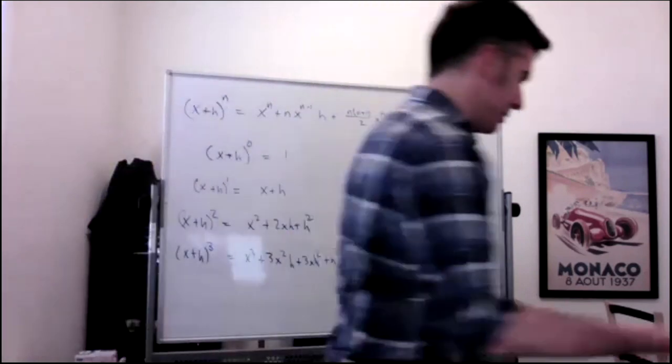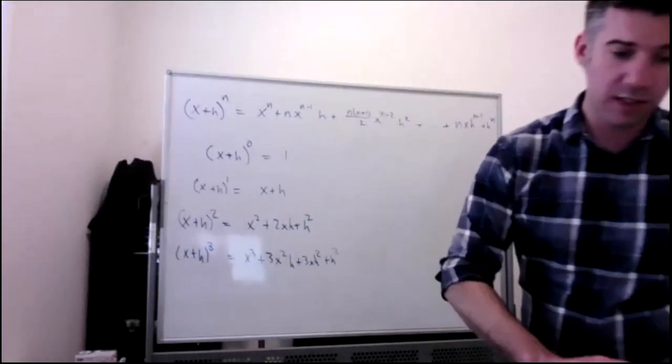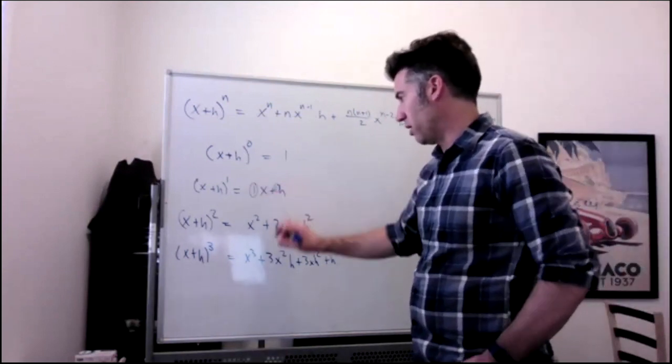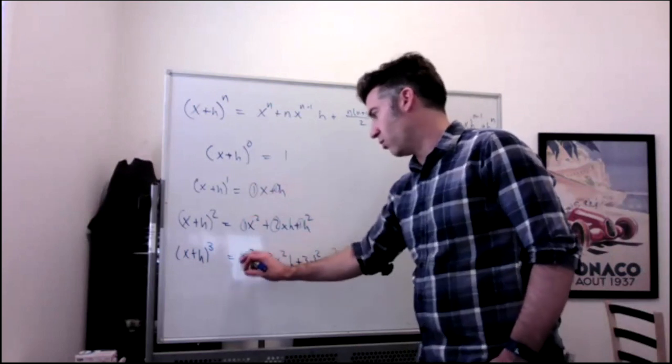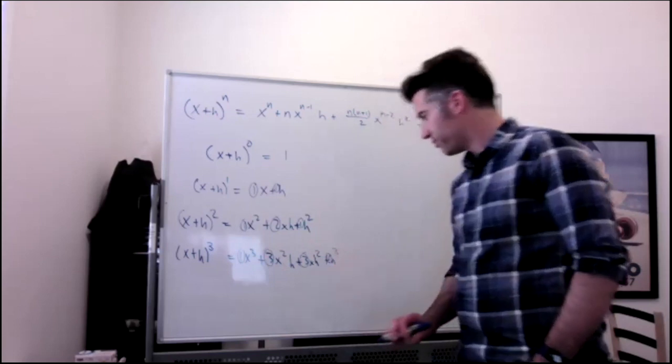Well, pattern, I sort of haven't really talked about pattern. So the pattern of coefficients, so there's a 1x here and a 1h there. There's a 1, a 2, a 1, a 1, a 3, a 3, a 1.